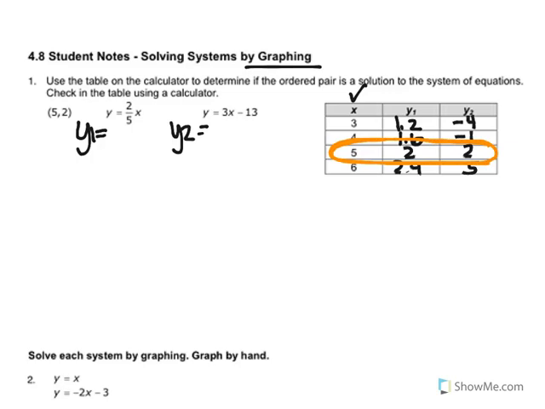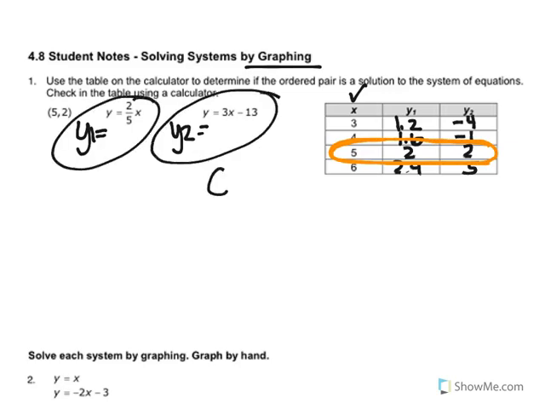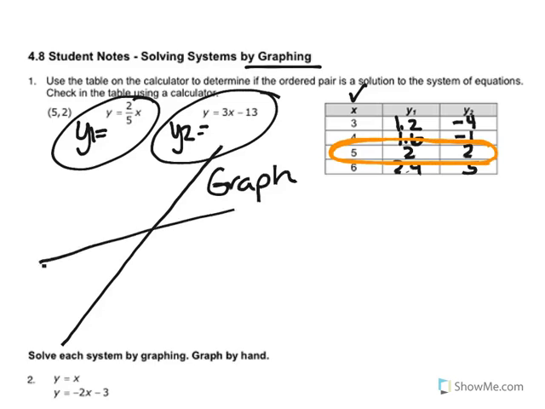So since you already have these equations in y1 and y2, I want you to just hit your graph button without hitting the second button first, and you're going to get two equations, one that's rather steep and the other one that's less steep, and they're going to have an intersection point. Now, you always want to be able to see where the two lines intersect.